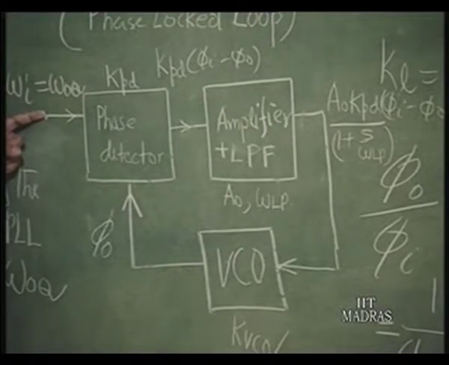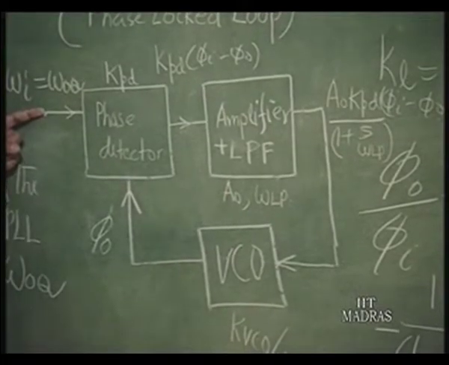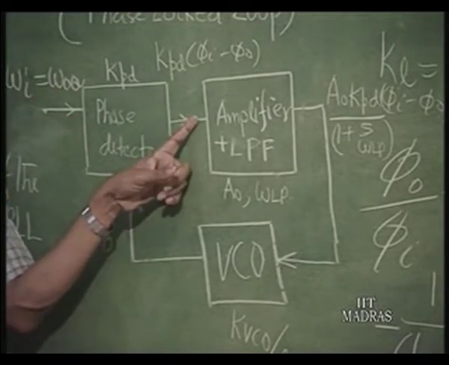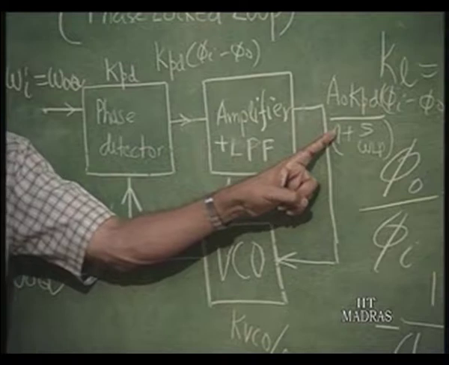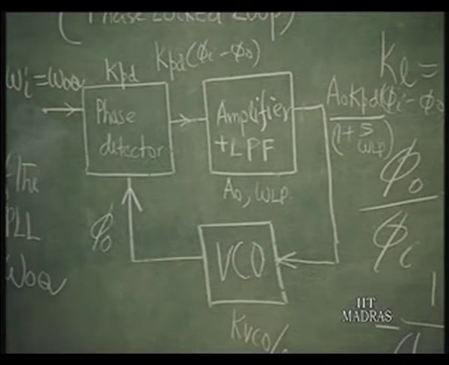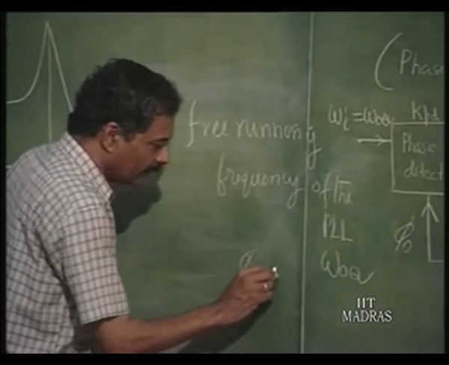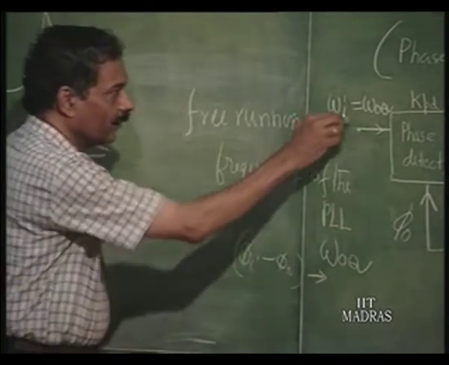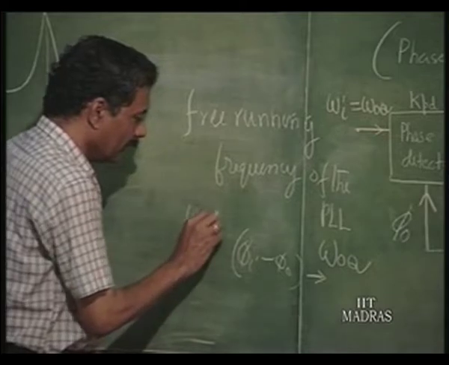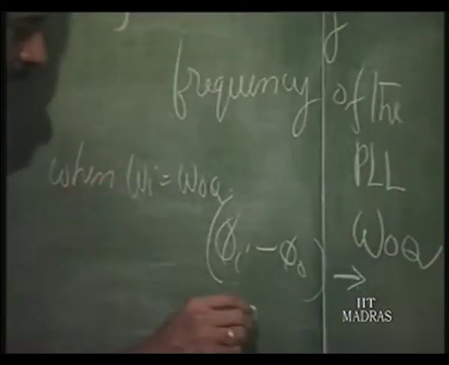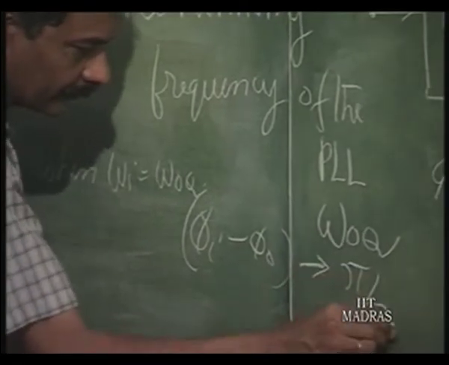Please understand that this is the quiescent phase shift at which the DC average here must be 0, in order that this is not changing from its quiescent, in order that this should continue to free run at omega naught q. So, phi i minus phi naught, or the phase difference in this case of omega i equal to omega naught q, should be equal to pi by 2.